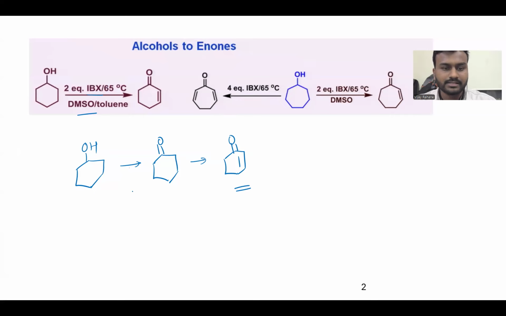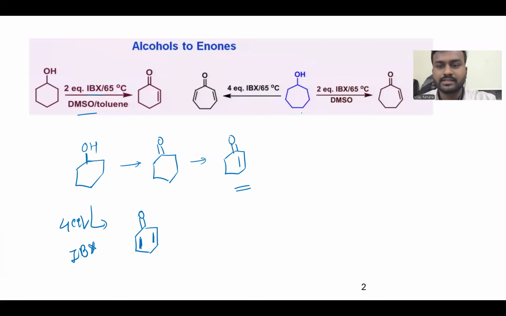In a similar manner, if you use 4 equivalents, what will happen? It gives 2 alpha beta unsaturated bonds. Let's take the example of cyclohexanol, and this alcohol on addition of 4 equivalents of IBX gives two double bonds, located at the alpha beta positions in this cyclic ring.